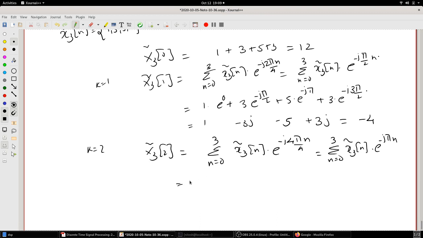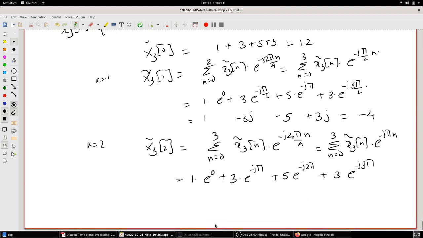So that's equal to 1 into e raised to 0 plus 3 into e raised to minus j pi plus 5 into e raised to minus j 2 pi plus 3 into e raised to minus j 3 pi. So this becomes 1 minus 3 plus 5 minus 3, plus 1, and this is equal to 6.